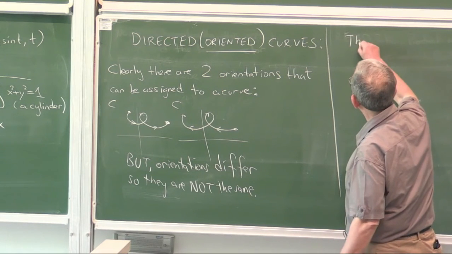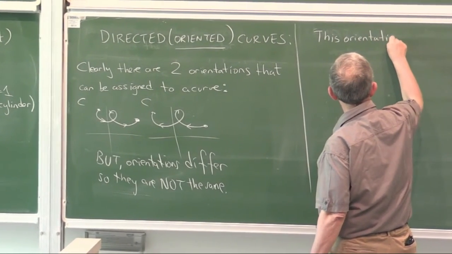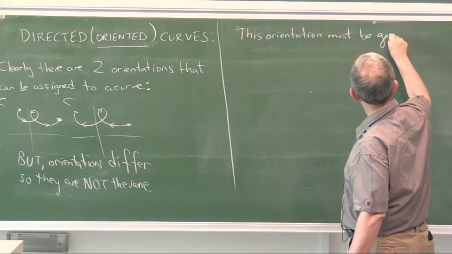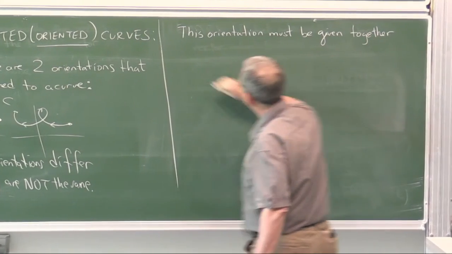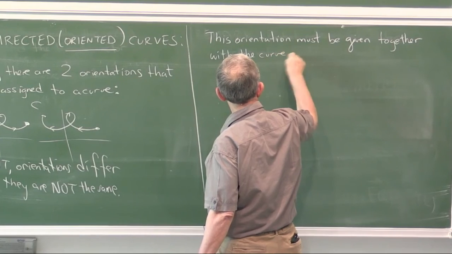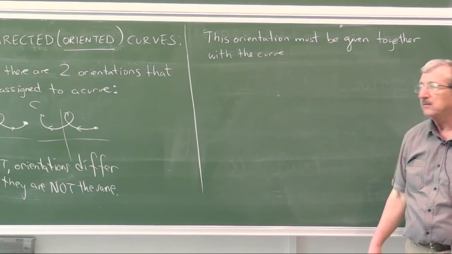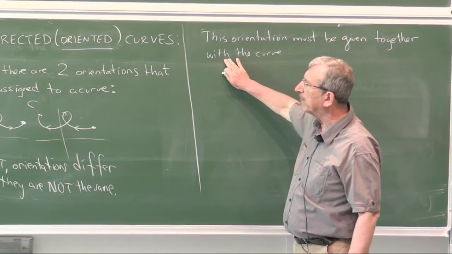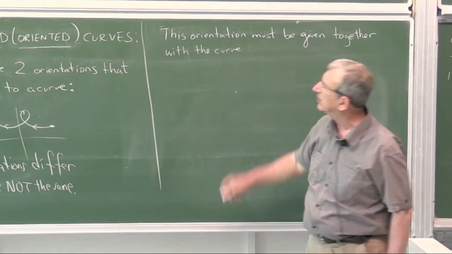This orientation must be given together with the curve. Well, this means automatically that all representations of a curve certainly would not give the same orientation.